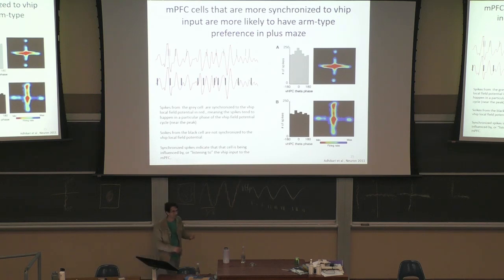But the thinking here was that the theta oscillation in the prefrontal cortex is being inherited from the ventral hippocampal input. One advantage of this projection is that it's unidirectional. The ventral hippocampus projects to the prefrontal cortex, the prefrontal cortex does not project to the ventral hippocampus.